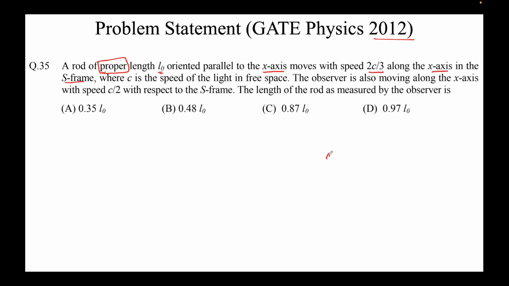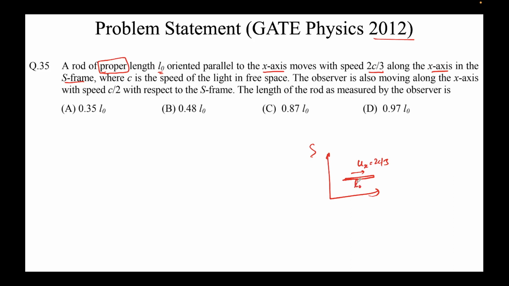So there must be some S frame, and this rod is moving with velocity ux at 2c/3 in the positive x direction. This is our S frame.